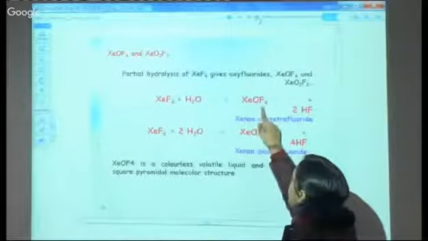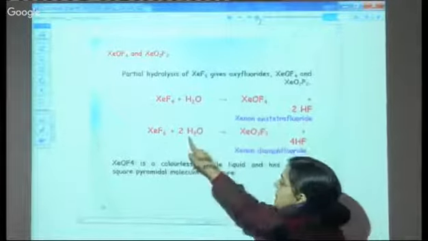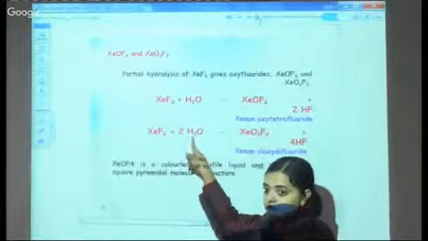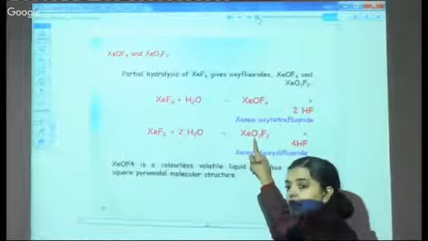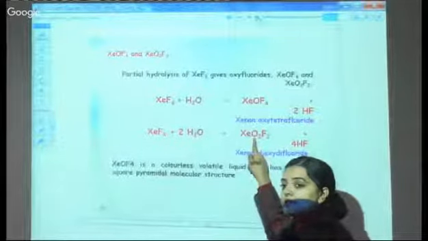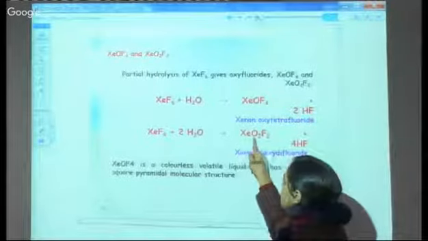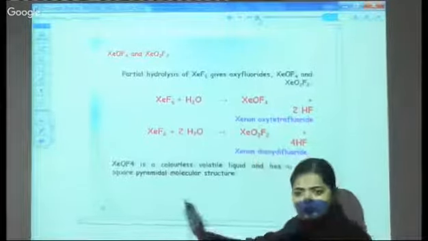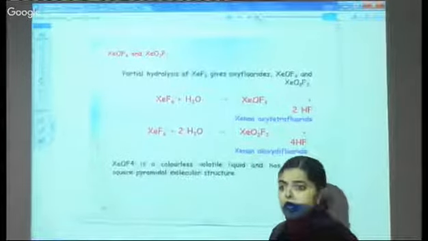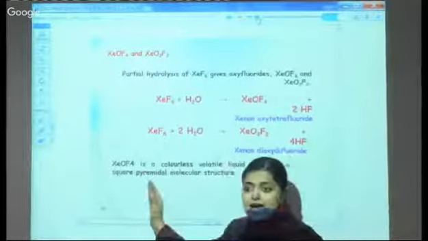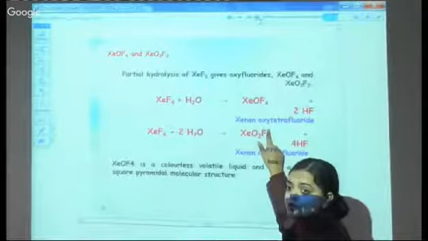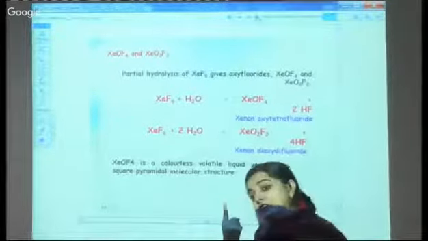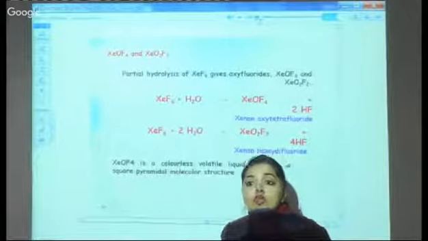So it will form XeOF4. Again with a little amount of water, because water provides oxygen, another oxygen is taken up at the expense of 2 fluorine. So it will be XeO2F2. You need not mug up, these reactions are very easy. Another partial hydrolysis would lead you to this: at the expense of these 2 fluorine, you will further get one oxygen. So it will be XeO3F2.